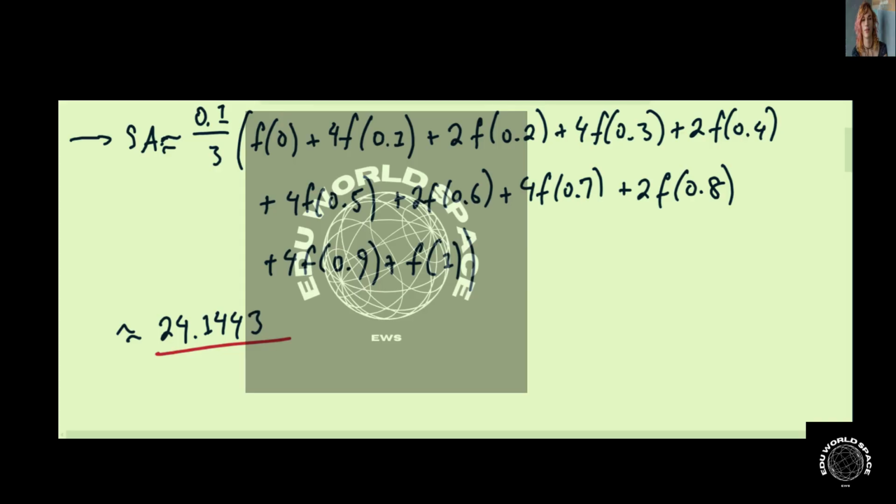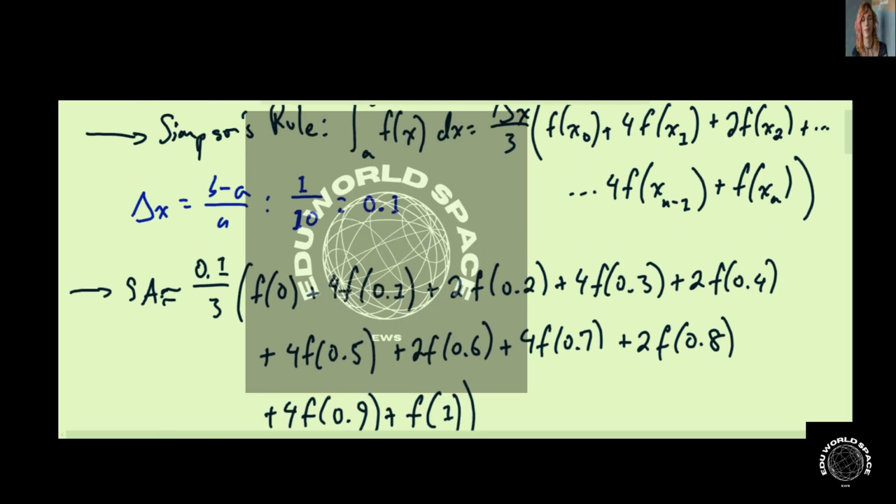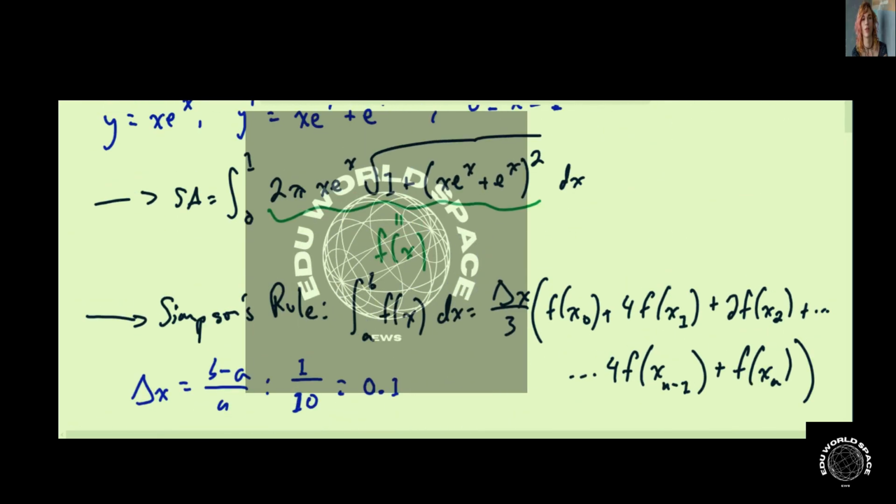But we want to compare it to the absolute value, or the correct value. And obviously this integral is pretty hard to evaluate by hand, so we're going to use Wolfram Alpha for this.